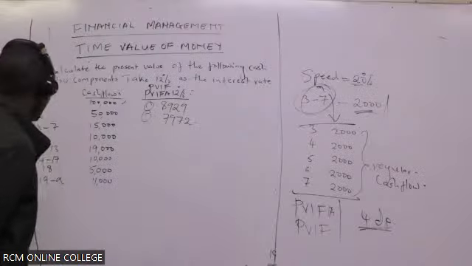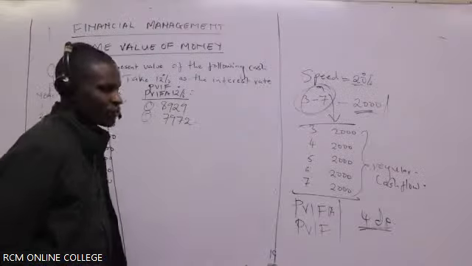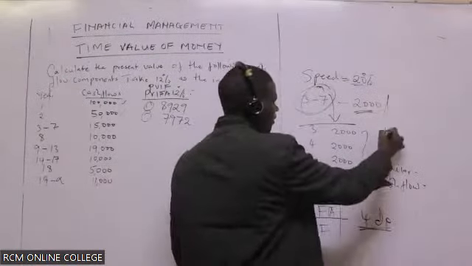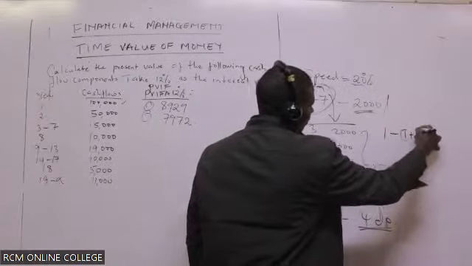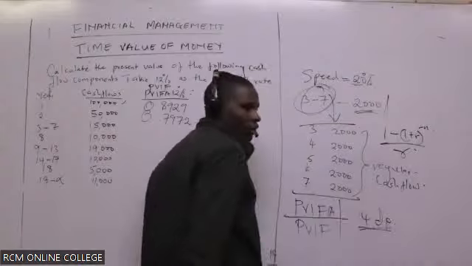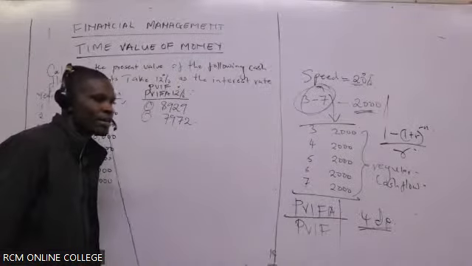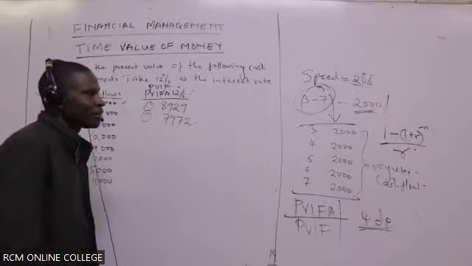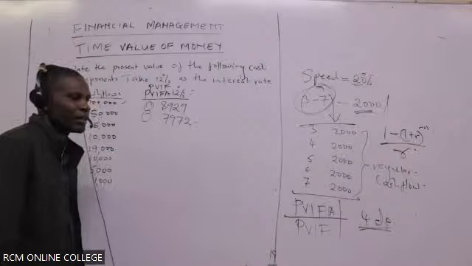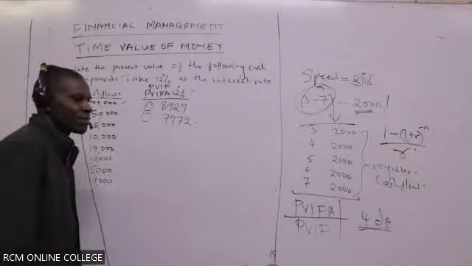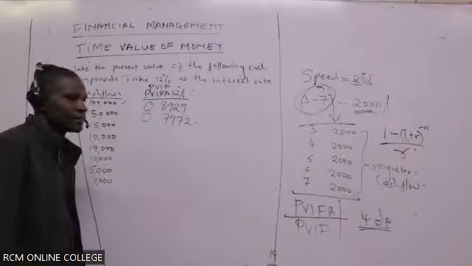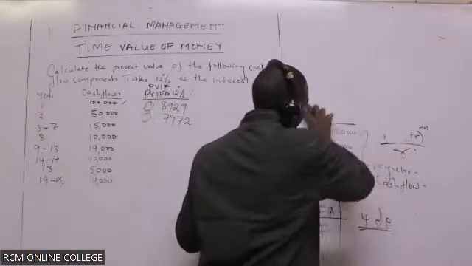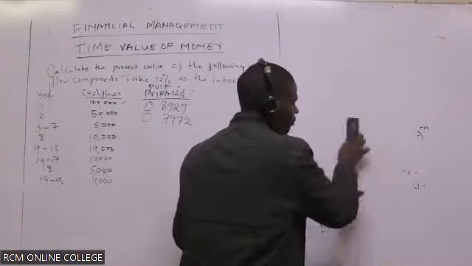Then we go to the next one, 3 to 7. Remember that is a range. It falls on the regular annuity, which is PV for 1 minus 1 plus R to the power negative N, divided by R. So give me, I'm giving Naomi a chance, and now I want to get variety, different people giving us the answer. 4.5638. This is where I want everyone to listen carefully, because this is where many people make mistakes as far as this question is concerned.